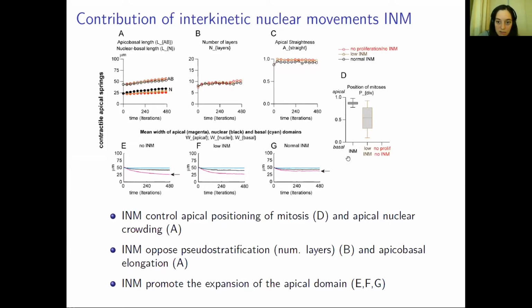We see it in this plot that the divisions occur apically with normal nuclear movements. And apical nuclear crowding: we see that the average distance between basal and nucleus is larger in the case of normal nuclear movements. So the black line is normal and the red line is no movement.